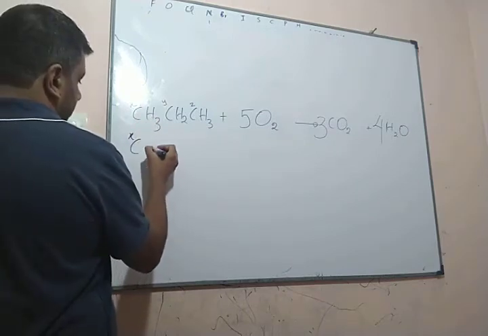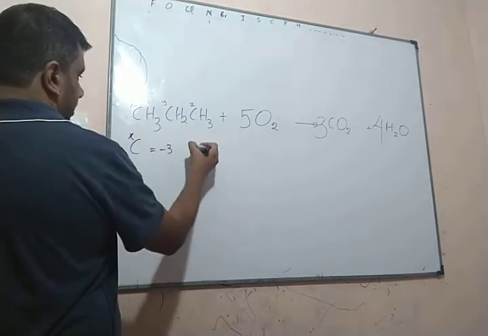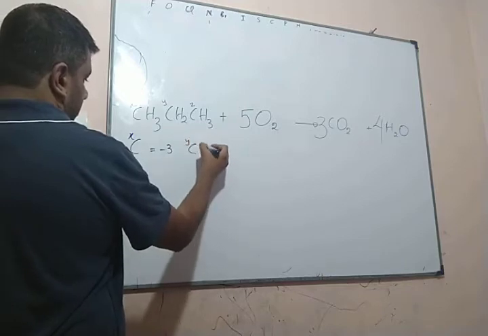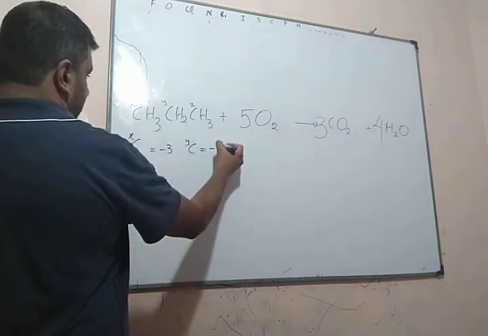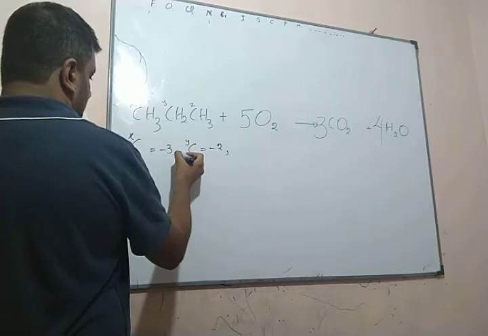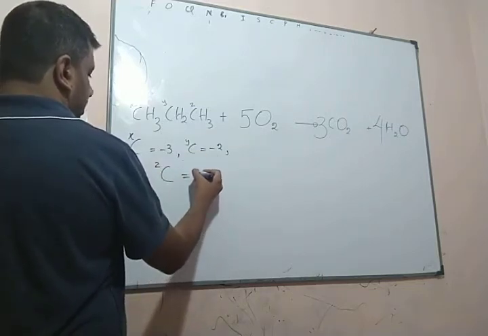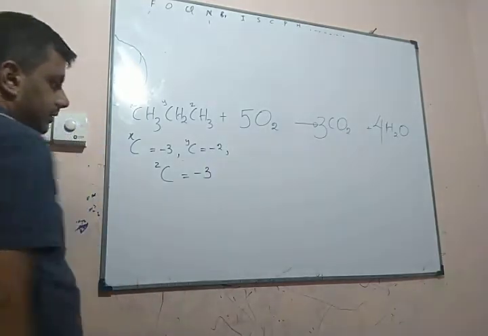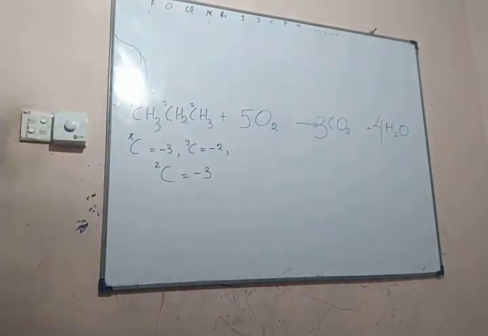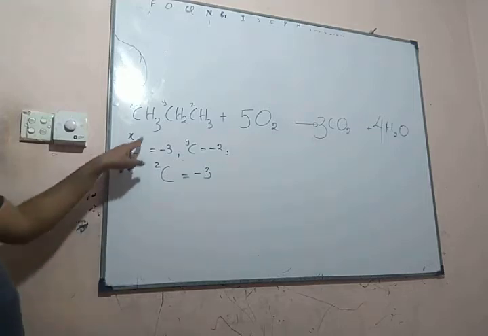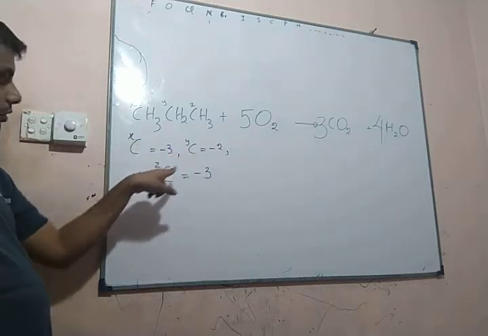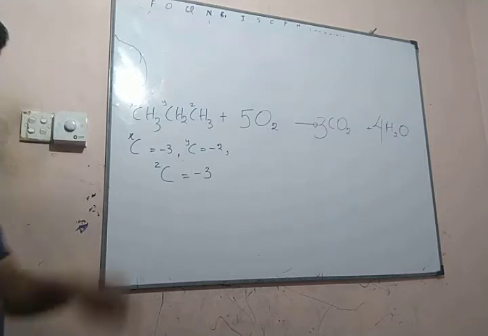X carbon -3, Y carbon -2, Z carbon again -3. Got it? X carbon -3, Y carbon -2, Z carbon -3.